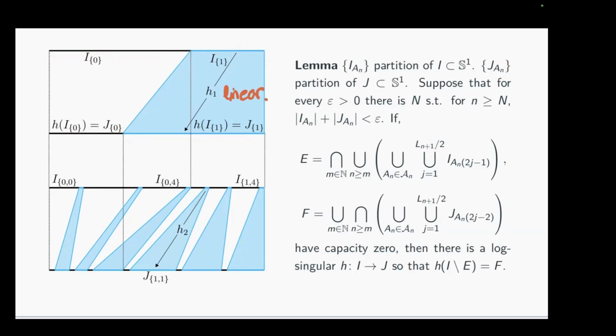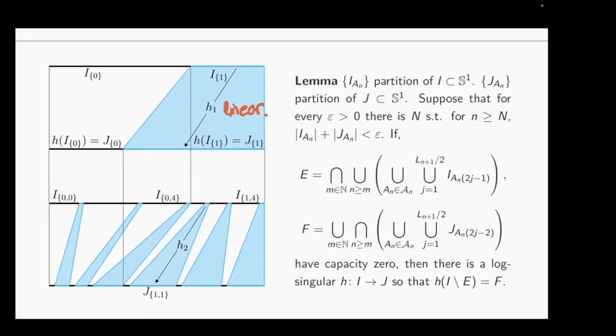And if we do that iteratively, what we get in the limit is a continuous map because we have asked this condition. This is also a homeomorphism because if we have two points that are distance epsilon apart, then for some epsilon small enough, they will be in two intervals that are disjoint, and once we go to the limit, they will also be different.